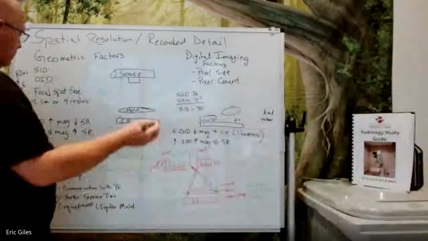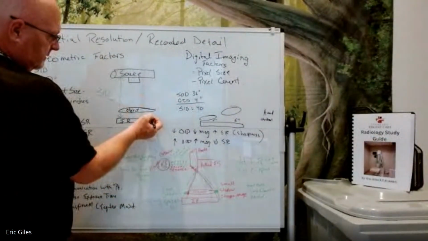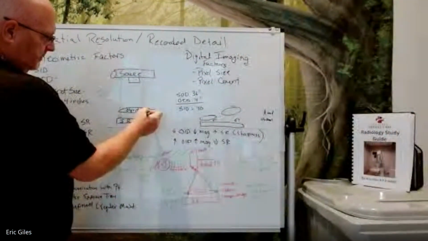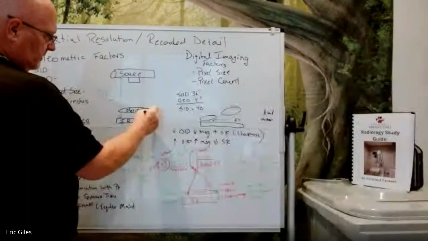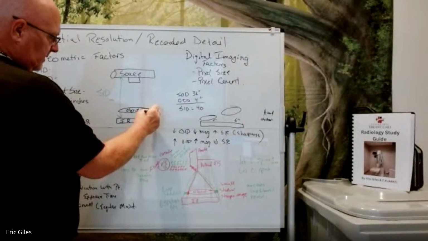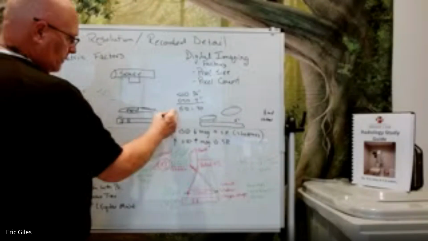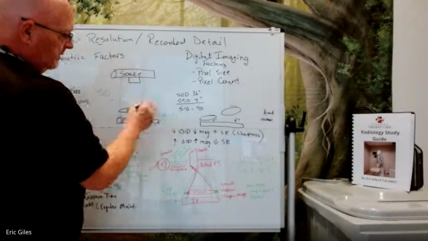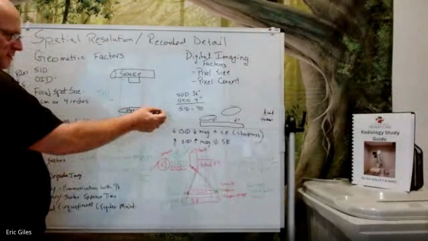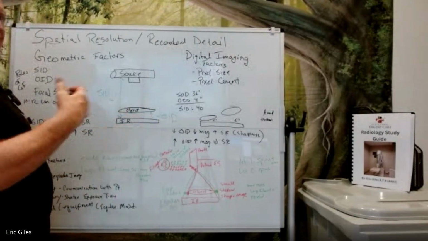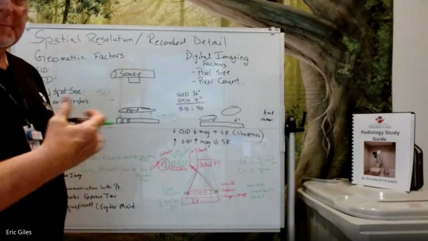Okay, the second one is OID. So we've got our object or our patient. So the distance between a patient or object and the image receptor, that's called our OID. Okay, object to image distance. I mean, it says it right in there: object, image, source to image.